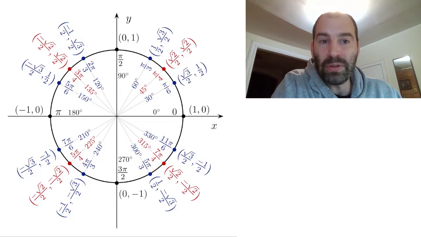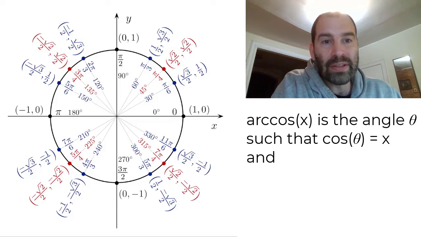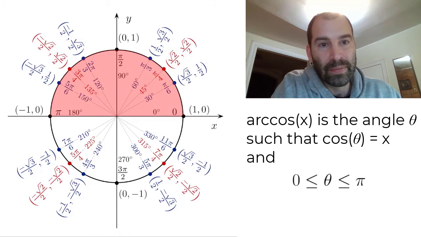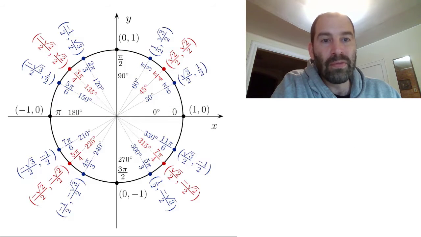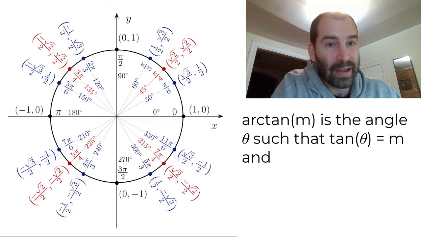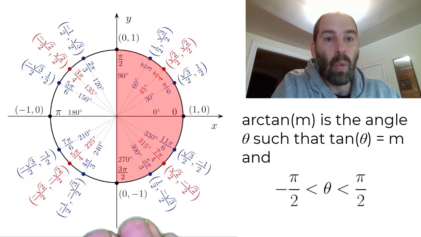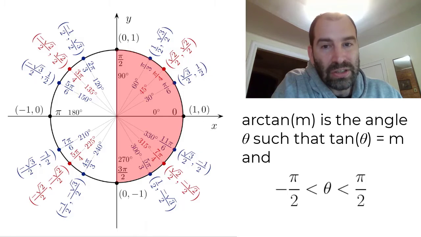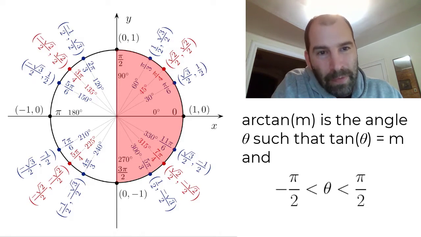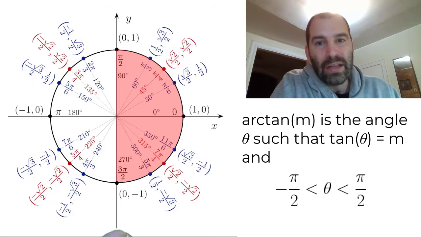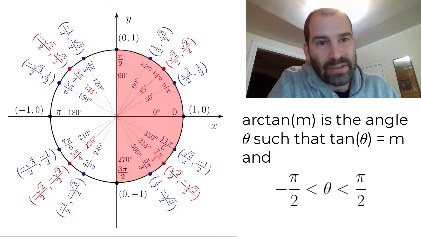For the inverse cosine function, we're only going to take the angle that's between 0 radians and pi radians. And for the inverse tangent function, or arctan, we're only going to take the angle that's between minus pi over 2 radians and pi over 2 radians. Why are we choosing those ranges for our functions? Well, it's because those are the very ranges that we need to give us exactly one answer.